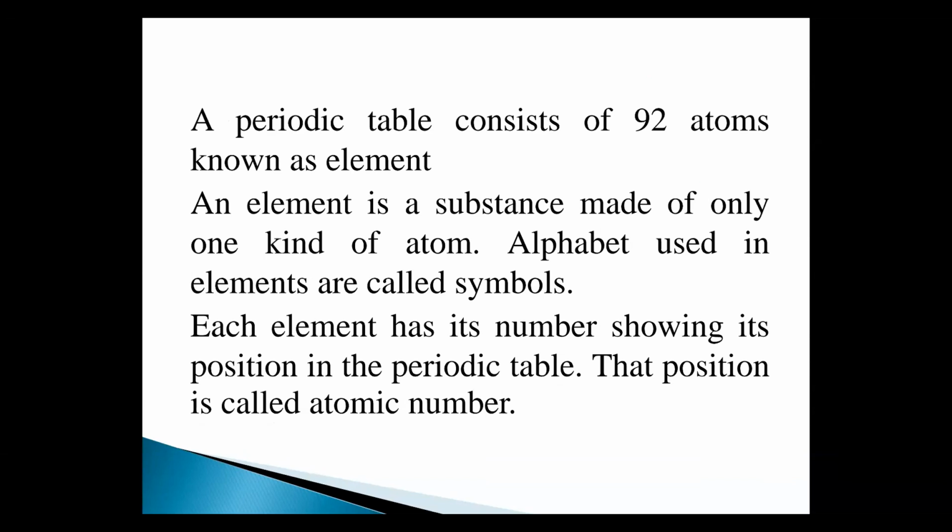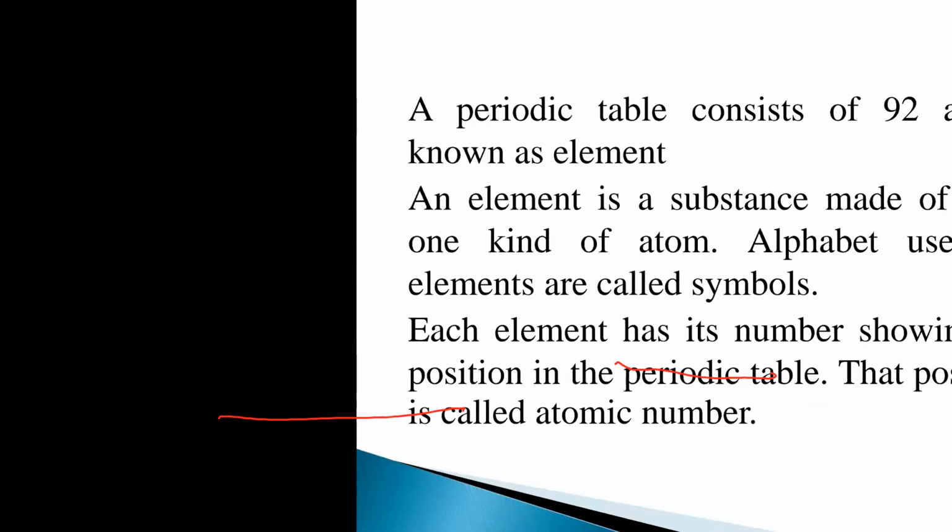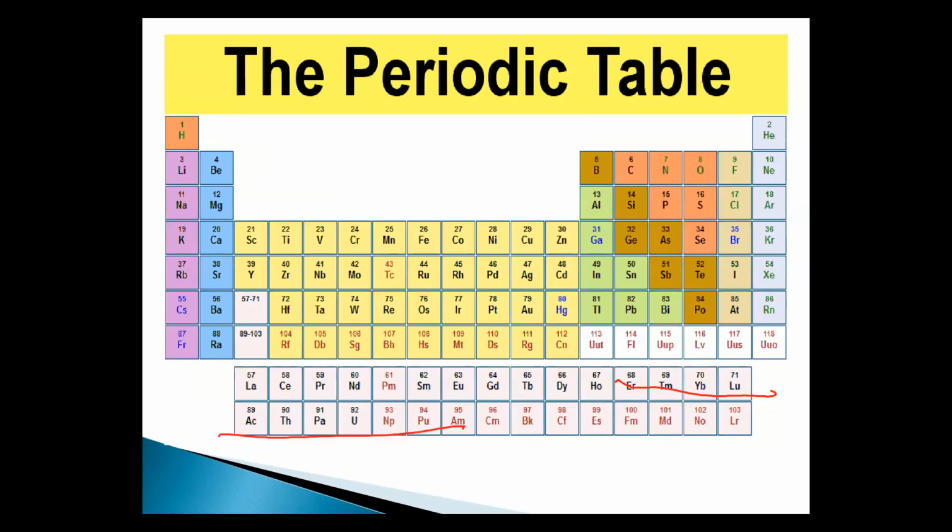And then we said each element has its number showing its position in the periodic table. That position is called the atomic number. This atomic number that they are talking about, right? Let's go back to the other one. This here, this number at the top that I was talking about, that is what is called the atomic number.